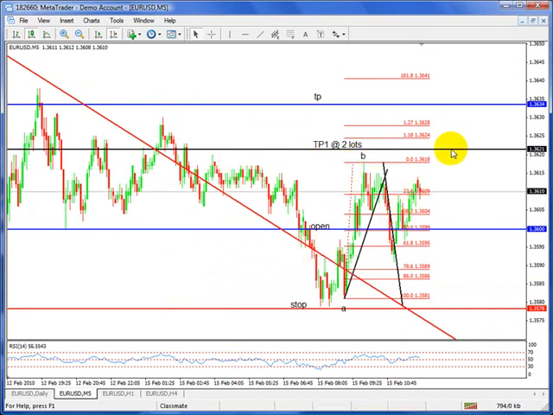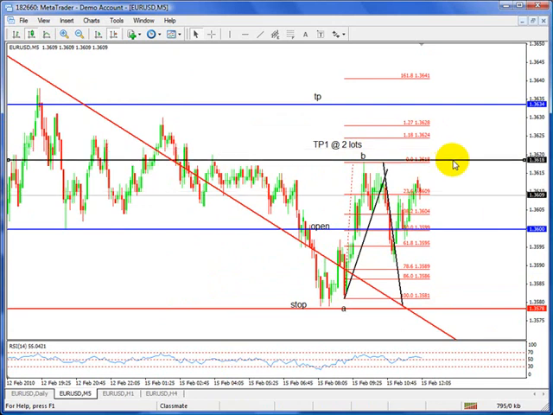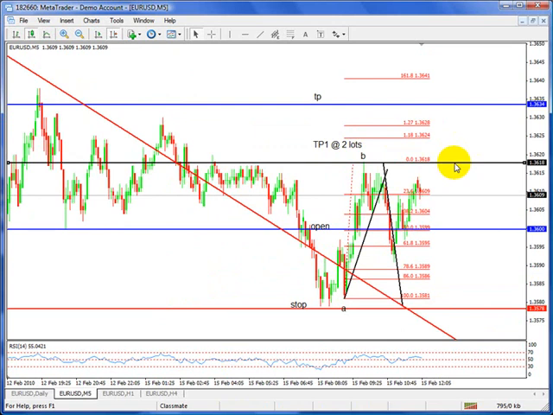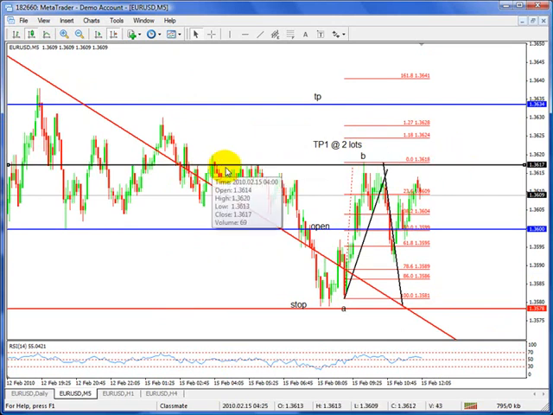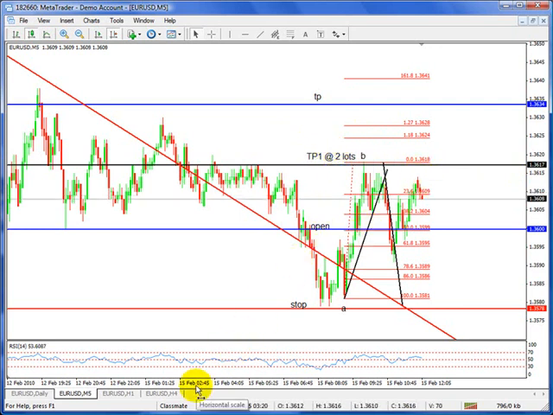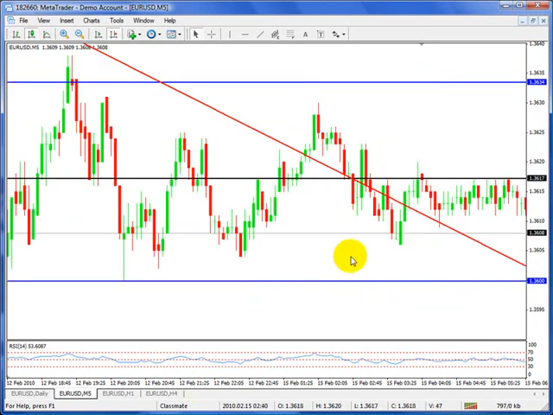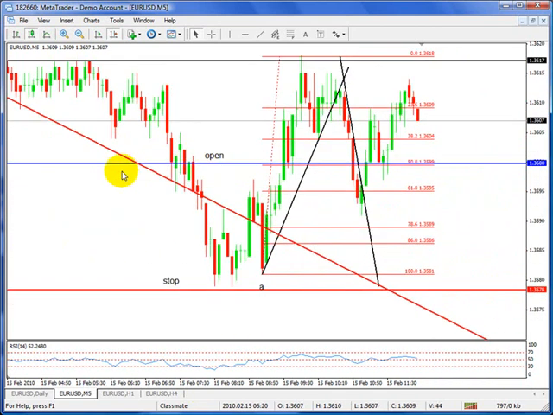So what I'm actually going to do is take this 3621 take profit and bring it down to the 3618 area, or in actual fact this area, if you can see that. I'm going to bring it down to that area, and that's where I'll take my 2 lots. So I'm going to take my 2 lots at the 3617 mark, okay?